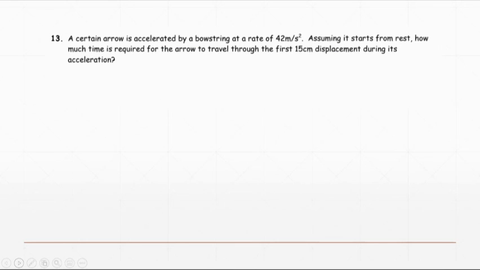So then taking a look at this next question, it says a certain arrow is accelerated. So we have an arrow, and our bow and arrow right here. And that's going to be accelerated by a bowstring at a rate of 42 meters per second squared. So acceleration is 42 meters per second squared.